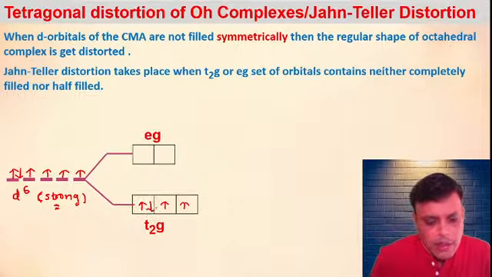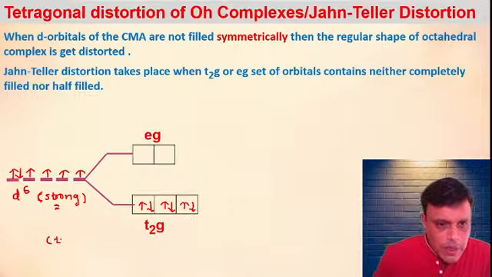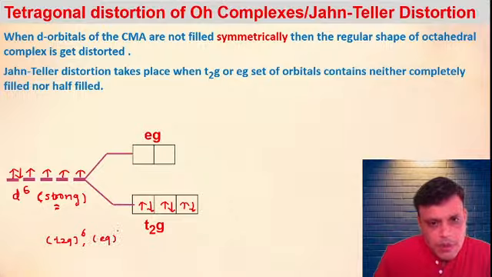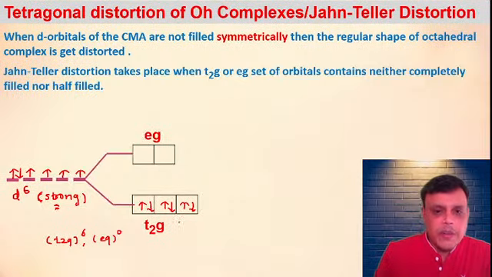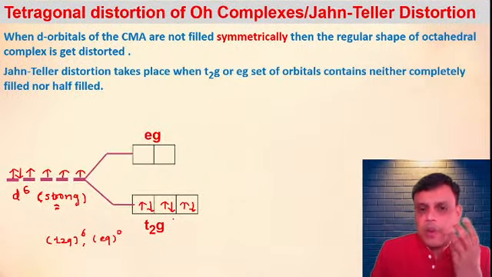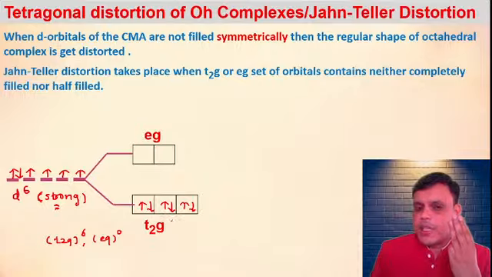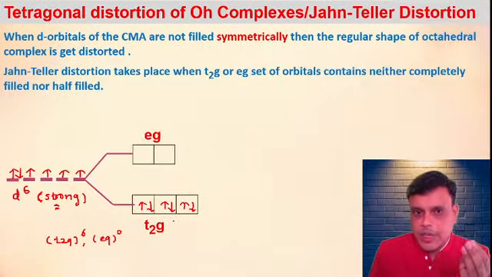Then the fifth electron will also go into T2G. The sixth electron also will go into T2G. So its electronic configuration will become T2G6 and EG0. Now here, how many T2G orbitals are there? 3 T2G orbitals are there, and the capacity of one orbital is 2 electrons.